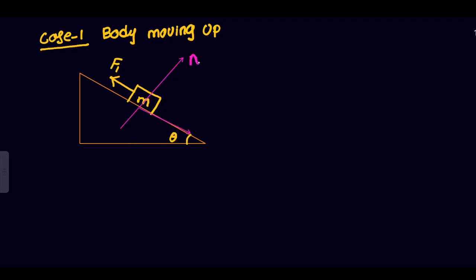Here we have this as N, and we have this as mg cos theta, and this is mg sin theta. Now in which direction is the body moving, up or down? Which case are we considering? Up. So that means friction is in which direction? Friction is in the downward direction.